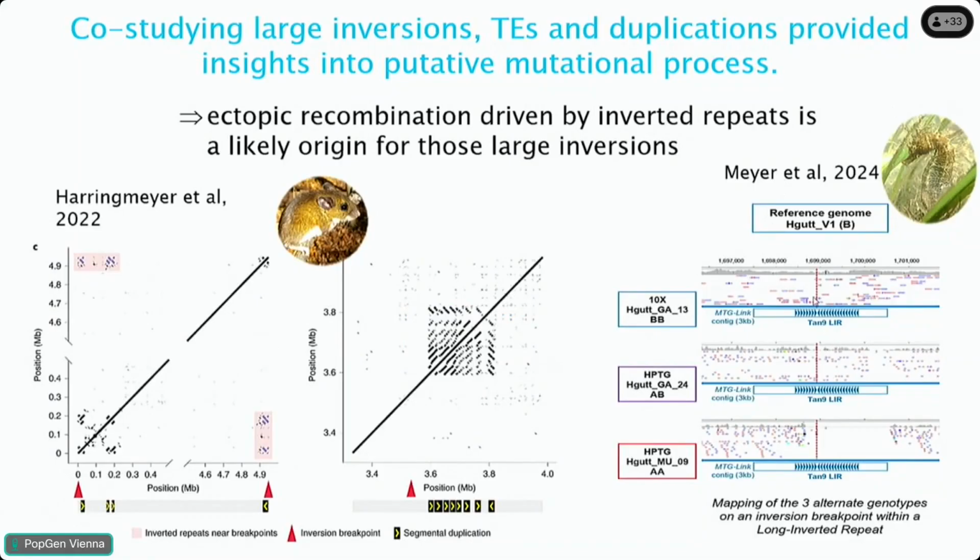And with this, they kind of infer that maybe the inversion was formed by ectopic recombination. So recombination matching this inverted duplication or similar repeats, and that created the breaks, originated the big rearrangement. So I think there is value in considering this diversity of variants altogether.